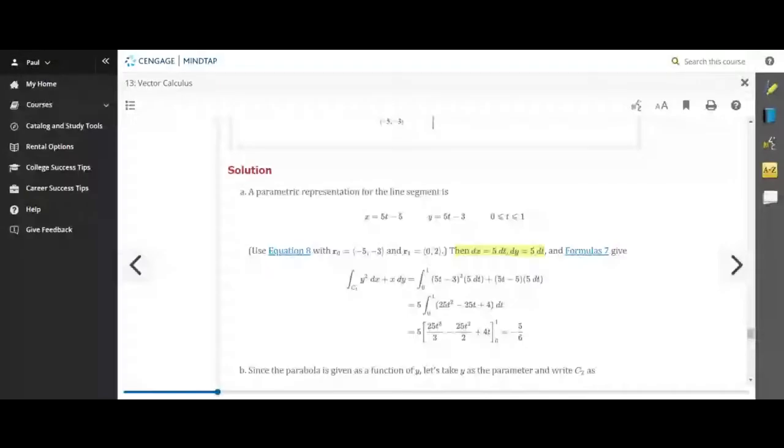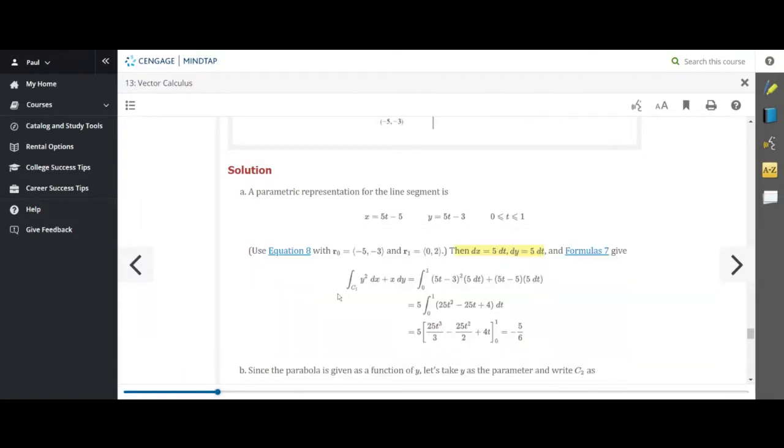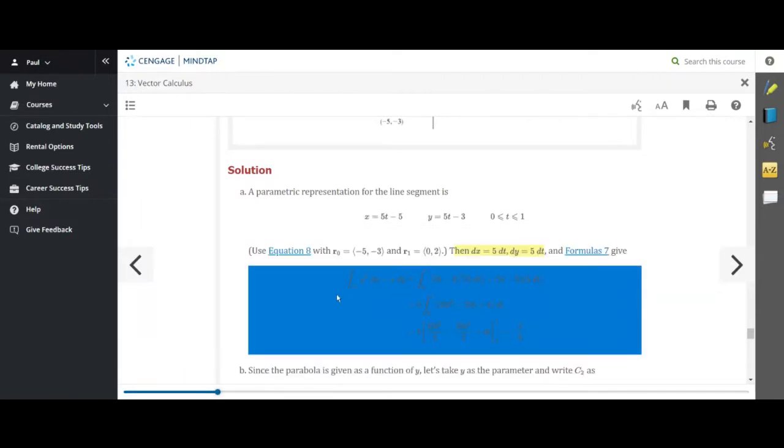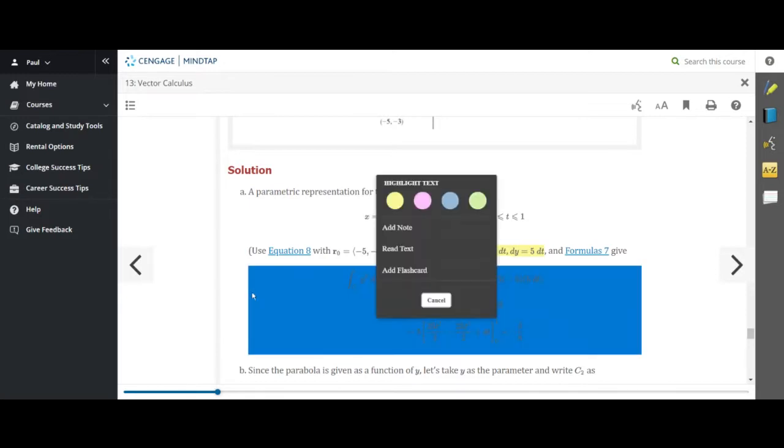So in this example, based on the fact that dx is 5 dt and dy equals 5 dt, let me highlight it.